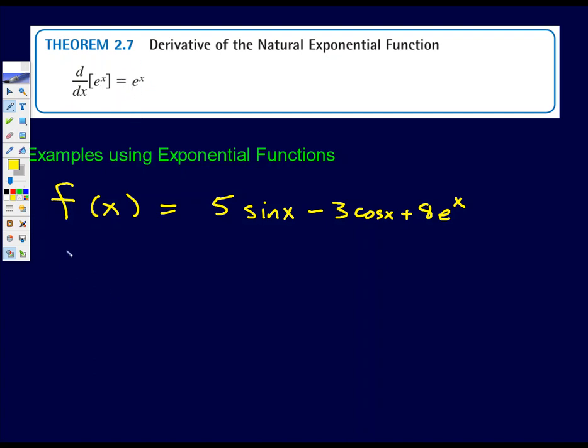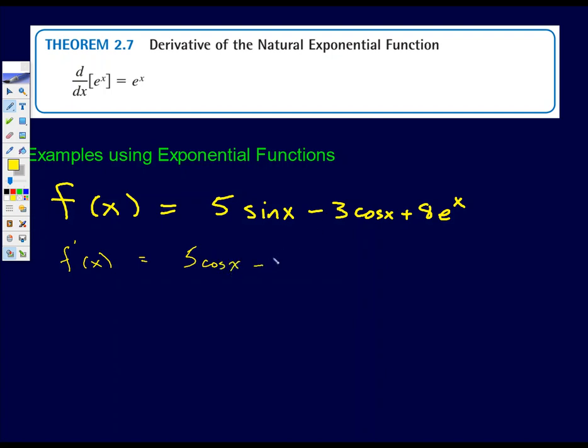And now I've got a function here where I've got the last 3 derivative rules we've learned today. If I would like the derivative of the function 5 sine x minus 3 cosine x plus 8 e to the x, I'll just apply the sum and difference rule, the constant multiple rule, and the 3 derivative rules we've already learned. So the derivative of 5 sine x would be 5 times the derivative of sine x, 5 cosine x.